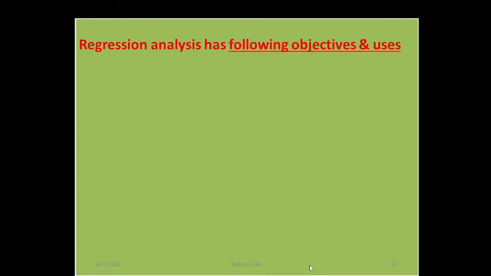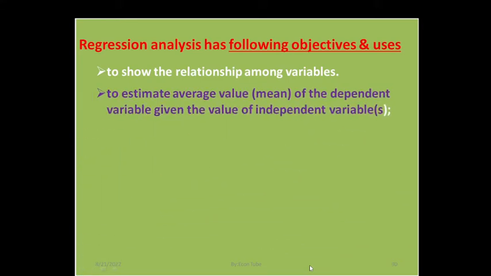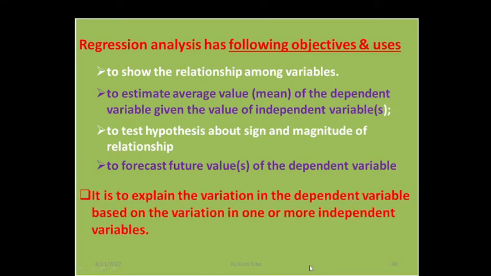Regression analysis has the following objectives and uses: to show relationships among variables, to estimate the average or mean value of the dependent variable given the values of the independent variables, to test hypotheses about the sign and magnitude of the relationship between variables, and to forecast future values of a dependent variable by fixing the independent variables.